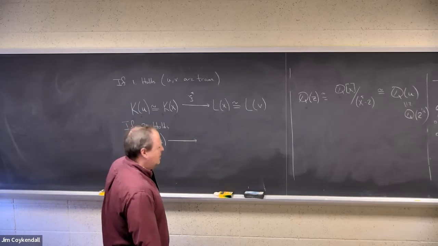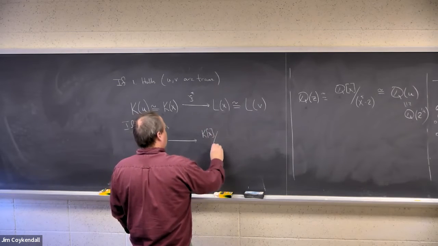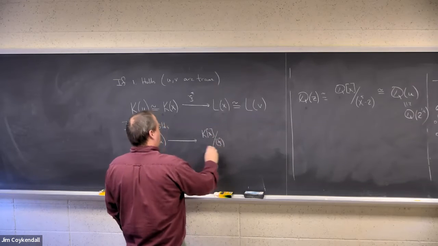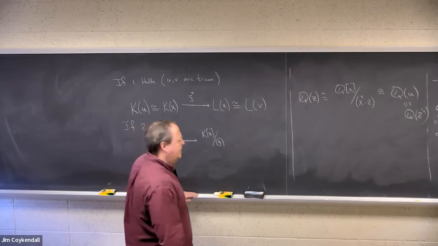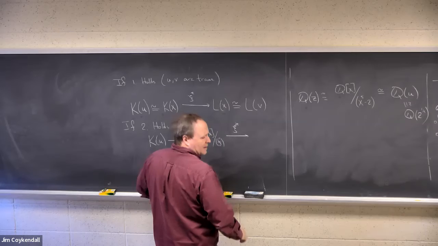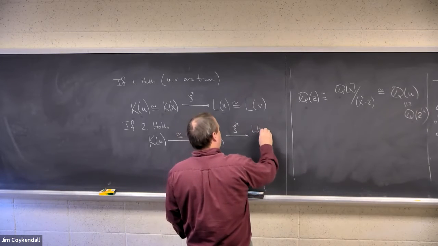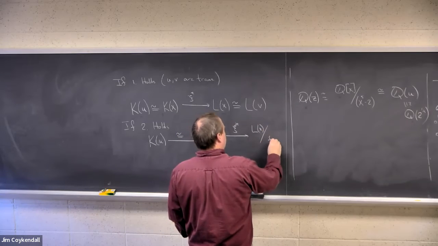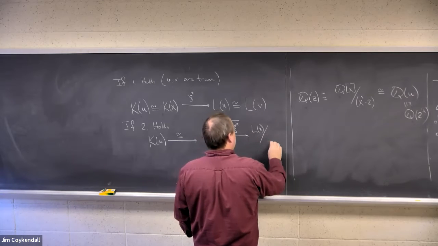Consider K[u]. This is an isomorphism. I should put a bar over this.